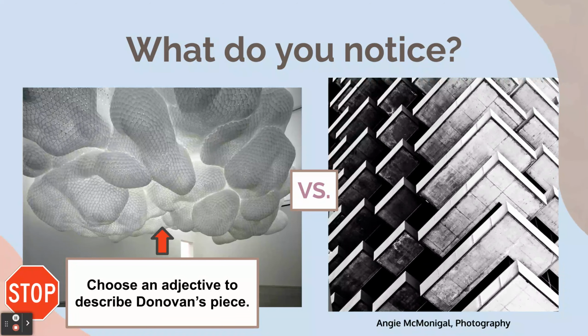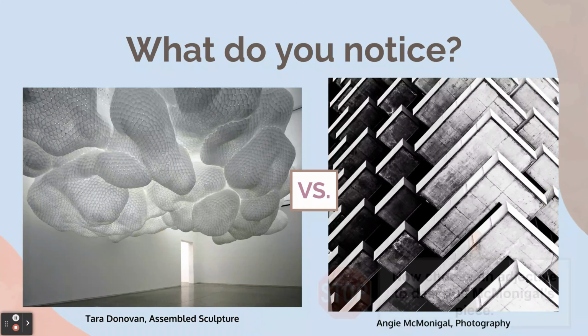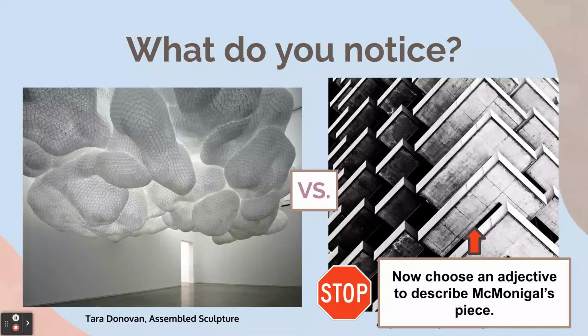Some of you may have gone with or compared it to a cloud, more cloud-like, heavenly, soft, bubbly, all of those things totally work. And on the right, I want you to try again with this one. Choose an adjective to describe this piece. Some of you might have said harsh, angular, geometric, dark, square, any of the above.